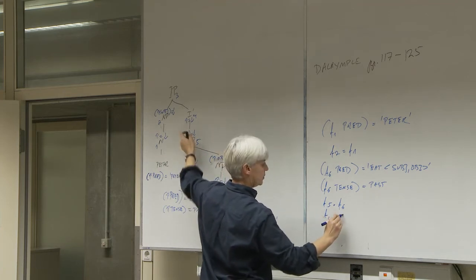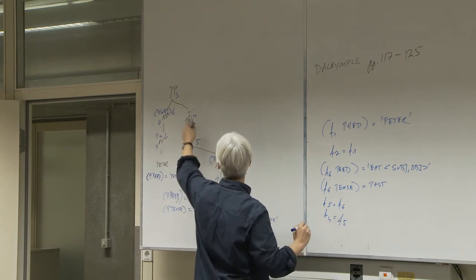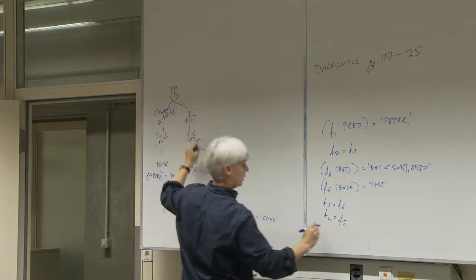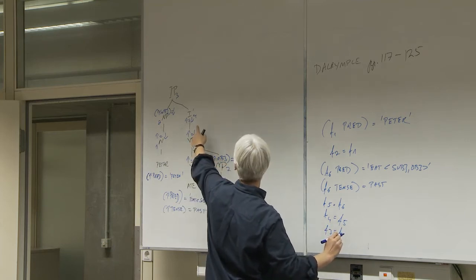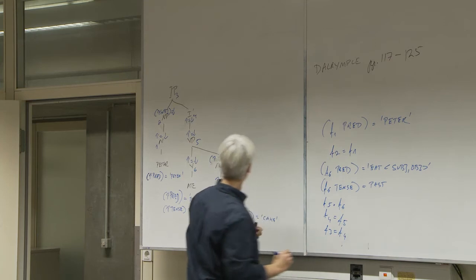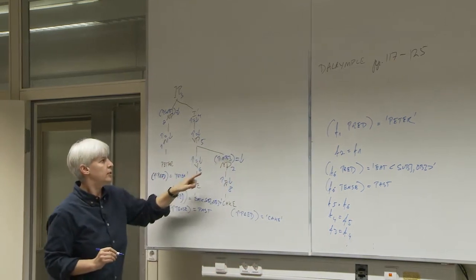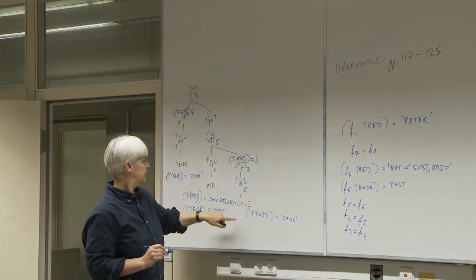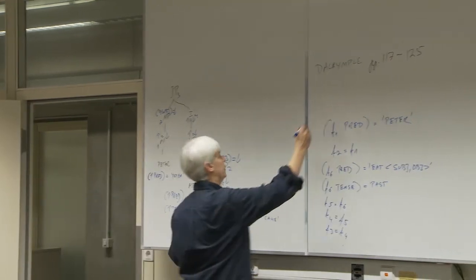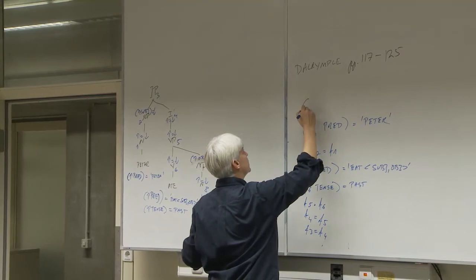F4 is equal to F5. And then you get your F3 is equal to F4. Now what do we have left? We have this one left. You tell me what this one is now again.